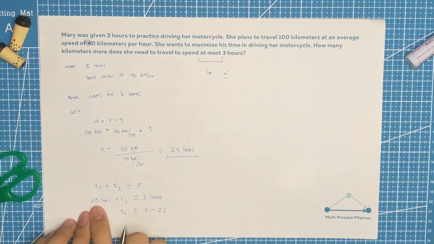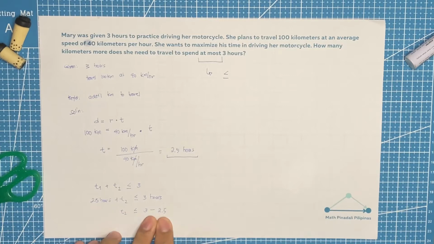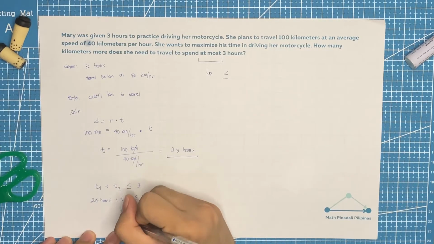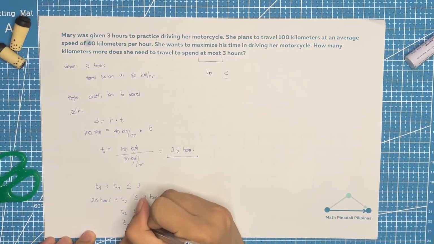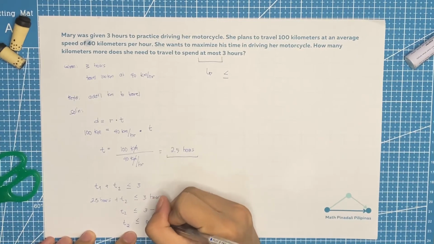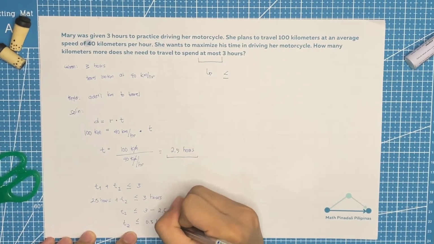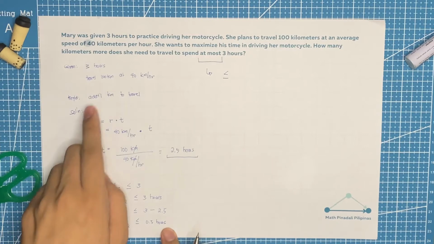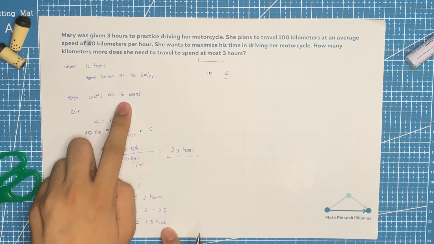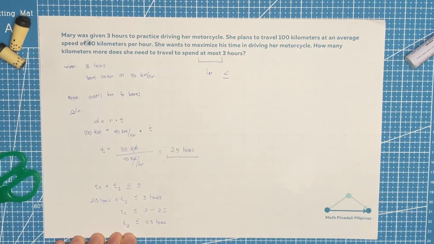Kasi nilipat natin siya sa kabila, so mag-iiba ng sign. That means your T2 should be less than or equal to 0.5 hours. So, in traveling the additional kilometers, she has a time of less than or equal to 0.5 hours.